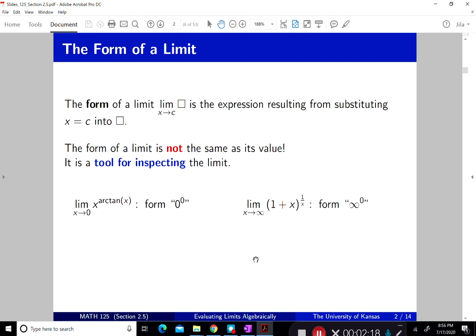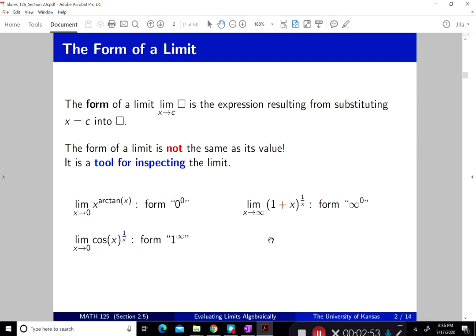And the limit as x approaches infinity of (1 plus x) to the power 1 over x is of the form, if you plug in infinity, 1 over infinity is going to be 0. It's basically the limit of 1 over x as x approaches infinity is 0, and 1 plus x as x approaches infinity is infinity. So it's infinity to the power 0.